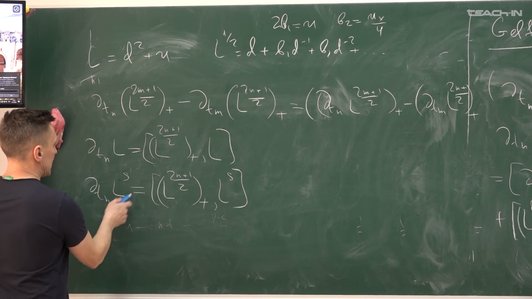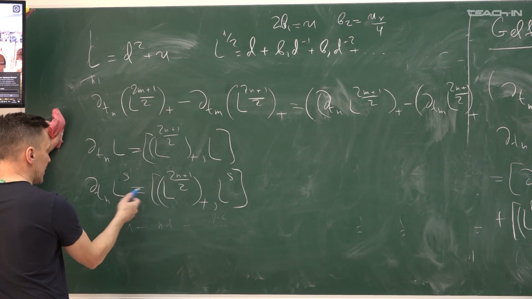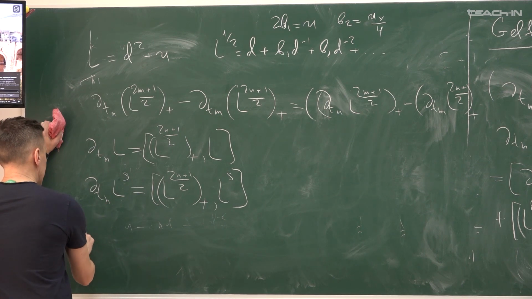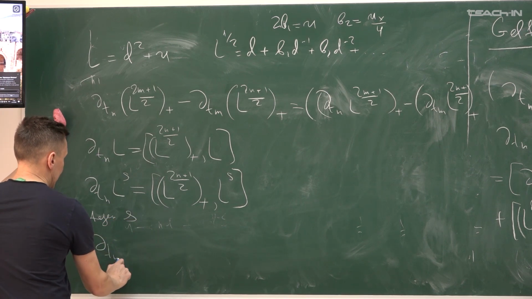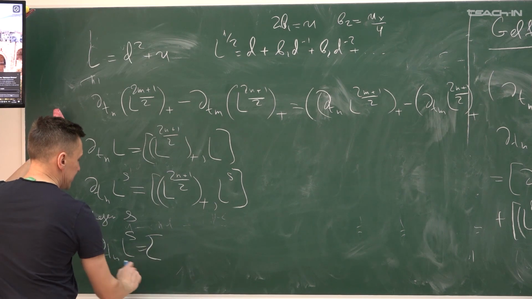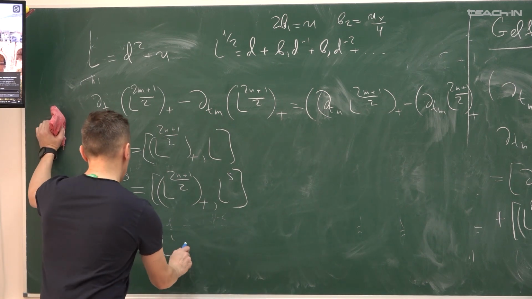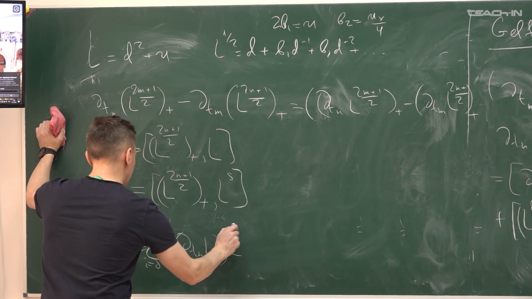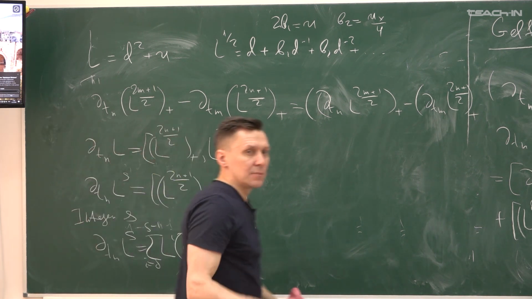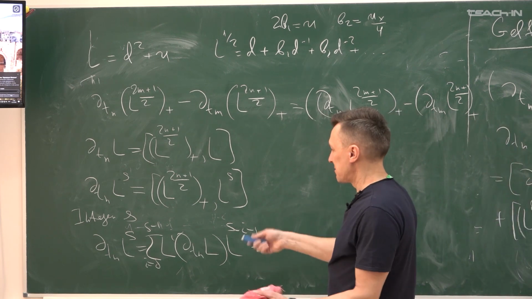So if we apply this flow to the s-th power of L, integer s, it means that dtn of L^s is the sum over i from 0 to s minus 1 of L^i, dtn of L, L^(s-i-1). We did it just in an infinite number of times, so it's the same.